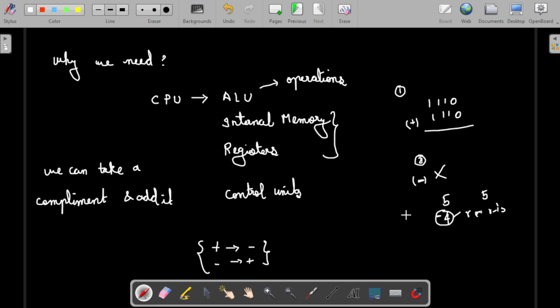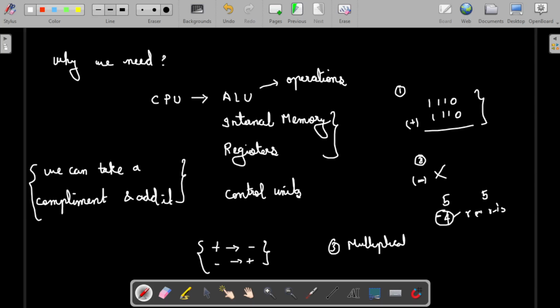That is the idea behind the complement. So here we have reduced a huge burden on the system. Instead of going to a second logical operation, we have done it in the first logic itself.